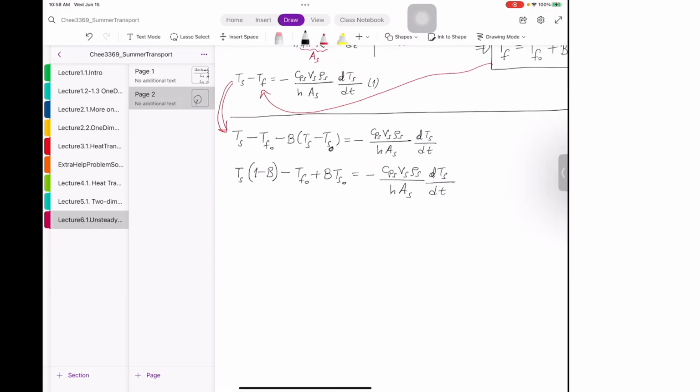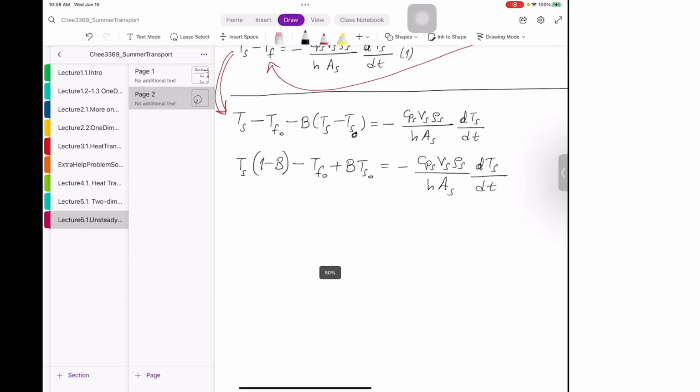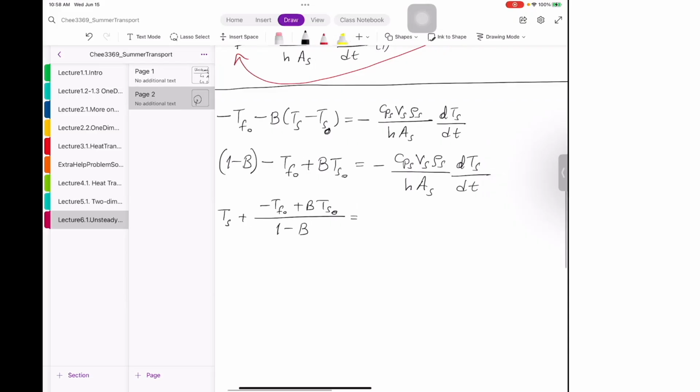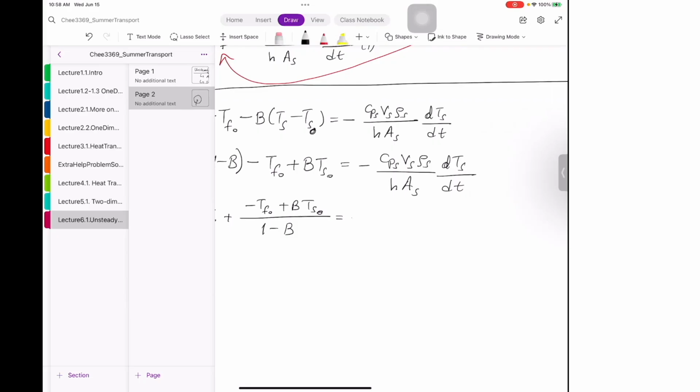But before that, I want to make the coefficient of Ts 1, so I want to divide all sides by 1 minus B. So I get Ts plus minus Tf0 plus B Ts0 divided by 1 minus B is equal to minus Cps Vs rho s over hAs times 1 minus B, dTs over dt.